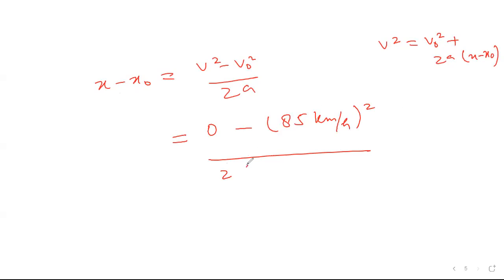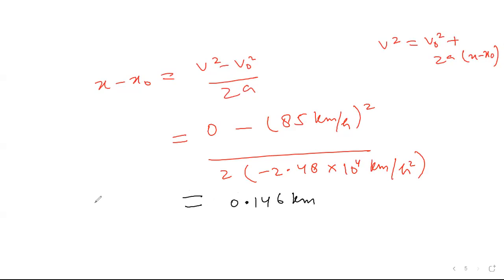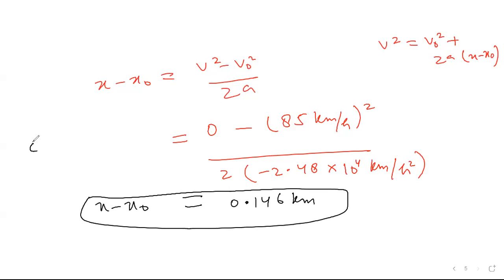Then 2a is minus 2.48 times 10 to the 4 kilometers per hour squared. When you make the calculation, it is 0.146 kilometer. As always, check it at home.